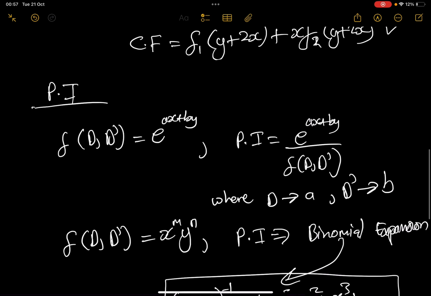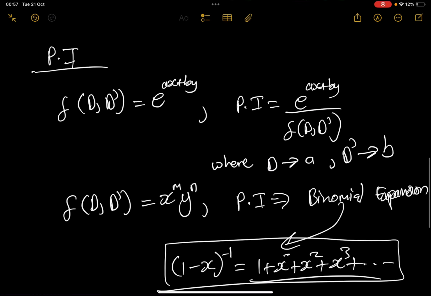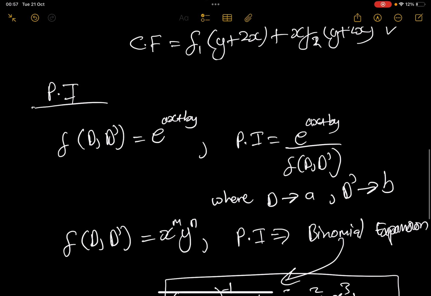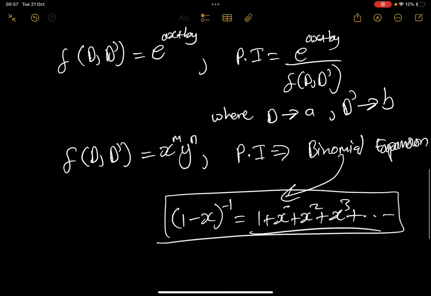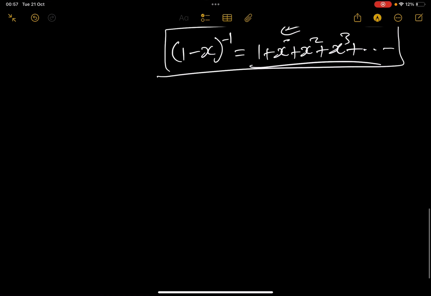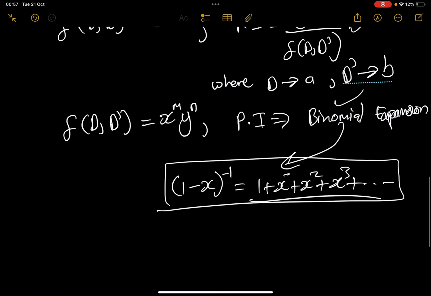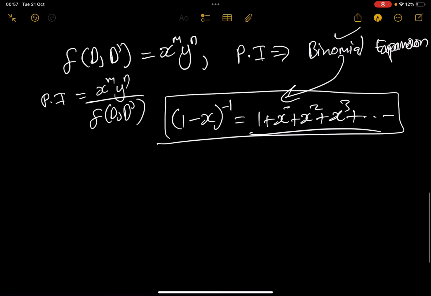So then how do you apply this? Now we need to rewrite our particular integral in these two formats. Again, for this one, the particular integral was going to be x^m y^n over f(D, D'). So let's write this.